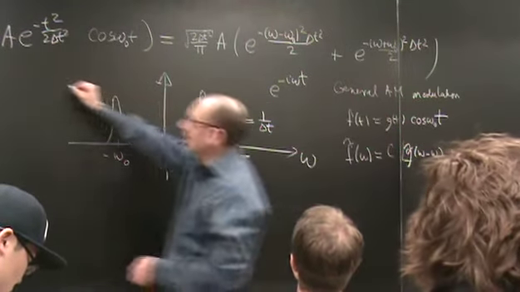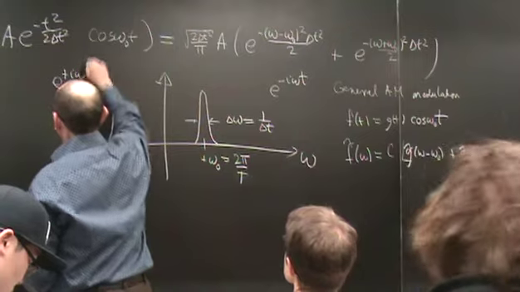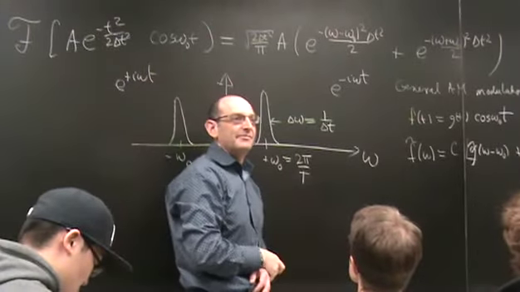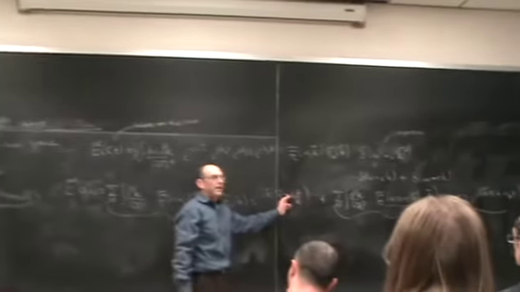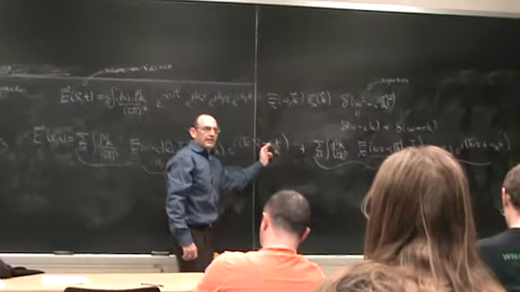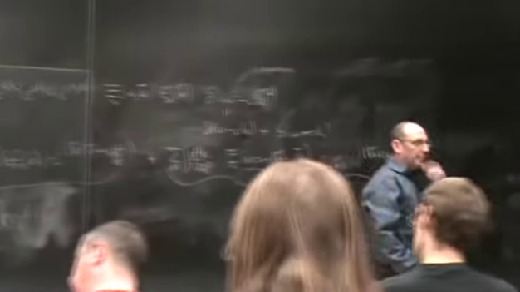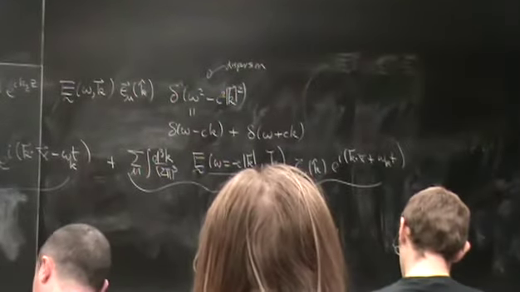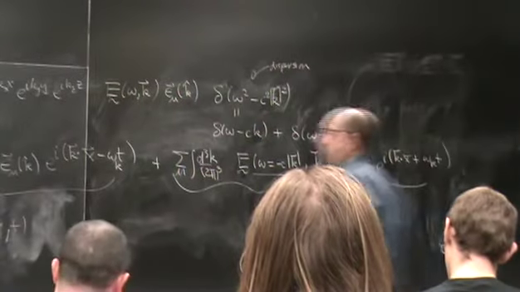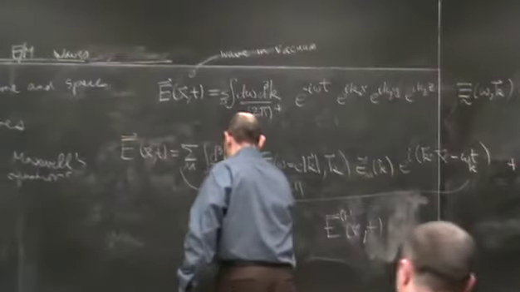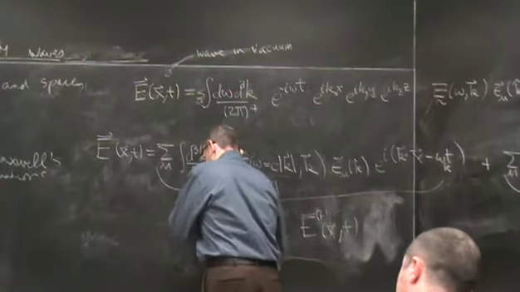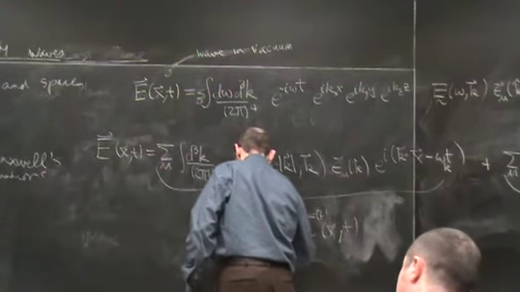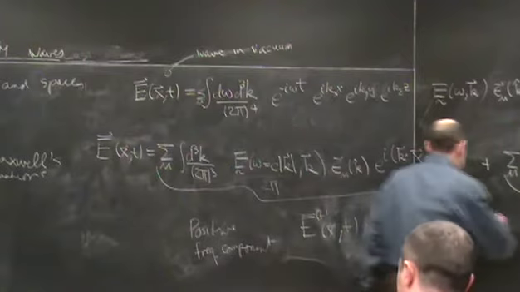And the negative frequency components go like e to the plus i omega t. And that's what we see here. These frequency components all go like e to the minus i omega t, and these go like e to the plus i omega t. So this is called the positive frequency component, and this is called the negative.